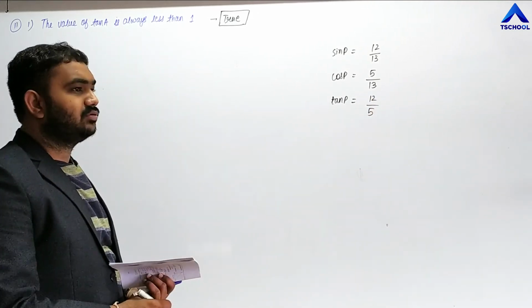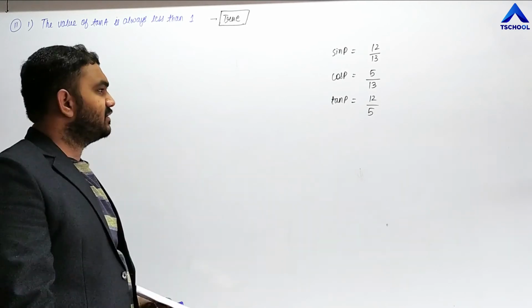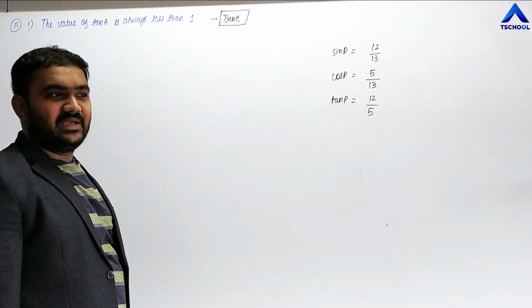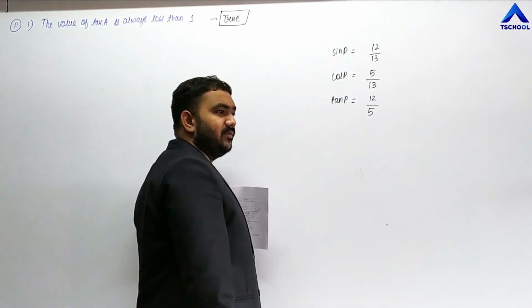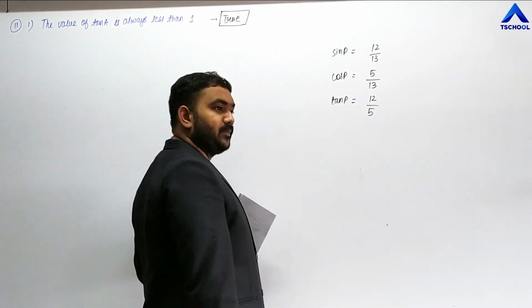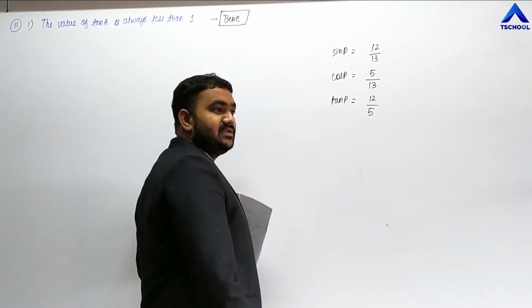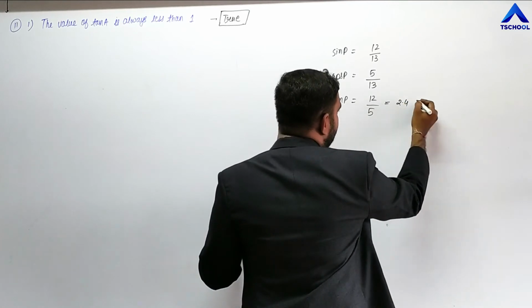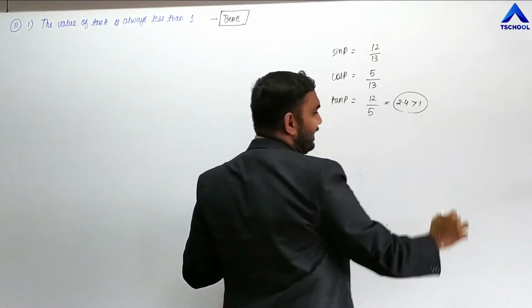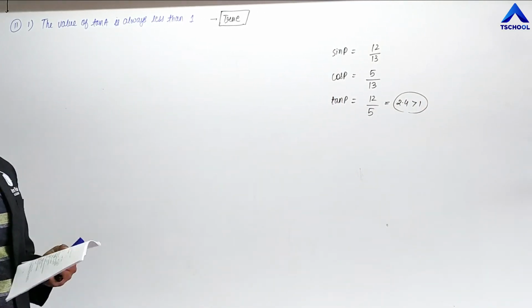Yes or no? Yes. The value of tan P is 12 upon 5. But you can see here, what is 12 upon 5? That is 2.4. But is this less than 1? No, it is greater than 1.